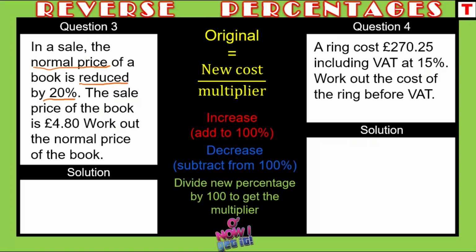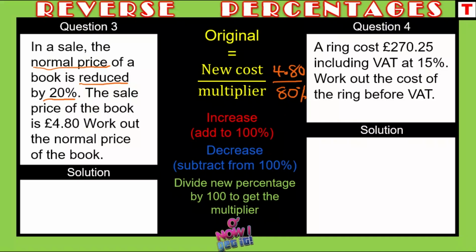Everything begins at 100%, and if we reduce by 20%, we're now at 80%. So this multiplier is at 80% at the moment. Okay, and it says that the sale price of the book is £4.80. So we can put this £4.80 at the top right here for our new cost.